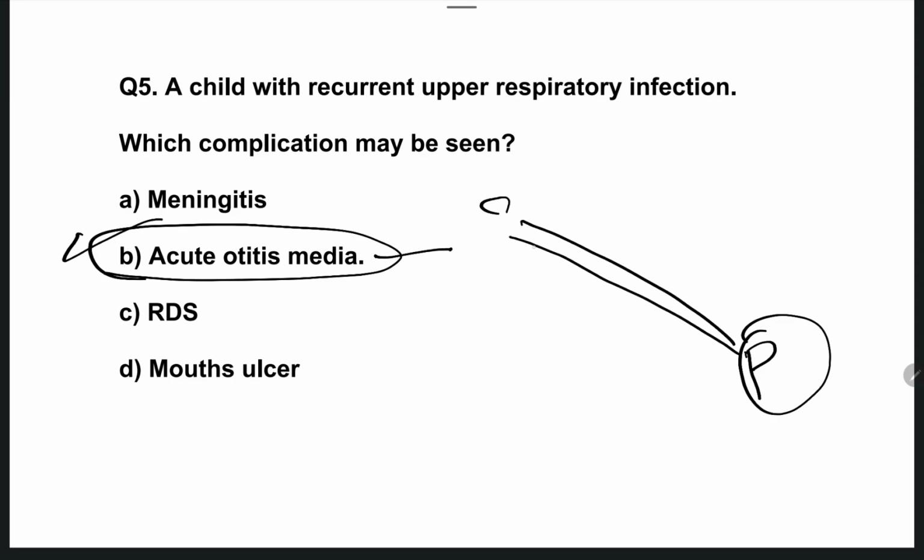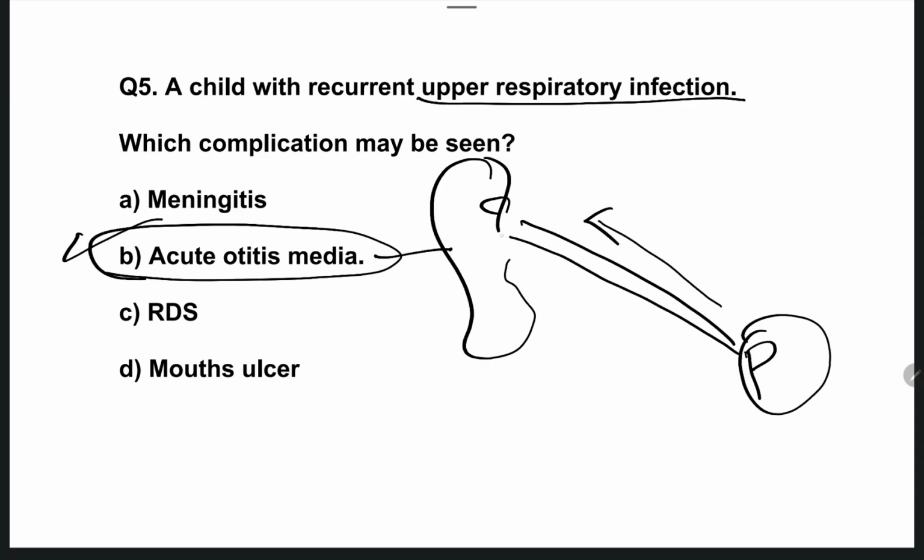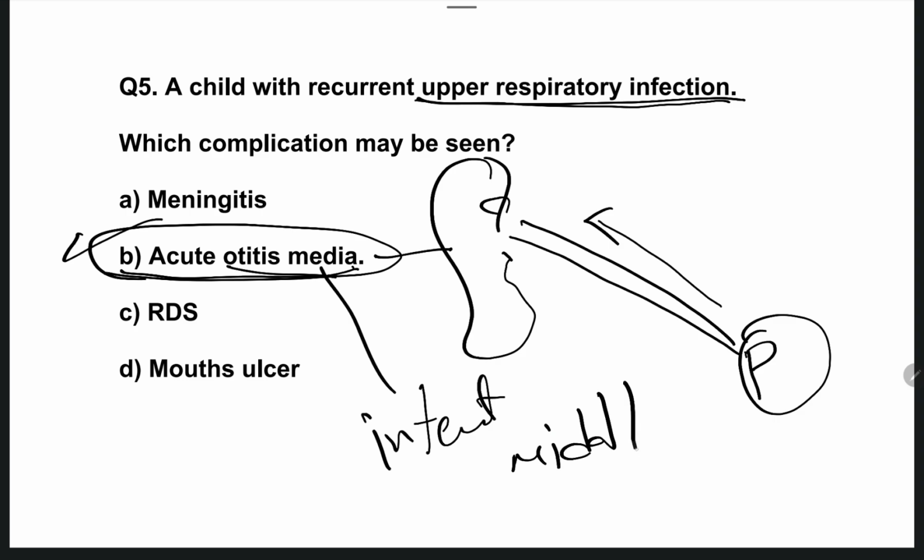So this connection may transfer the infection from the upper respiratory tract to the ear. Okay, so it may be a complication of upper respiratory tract infection. We can see acute otitis media, that is infection of the middle ear.